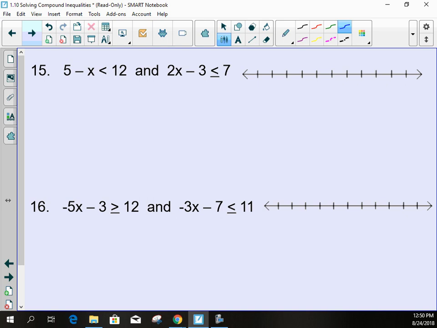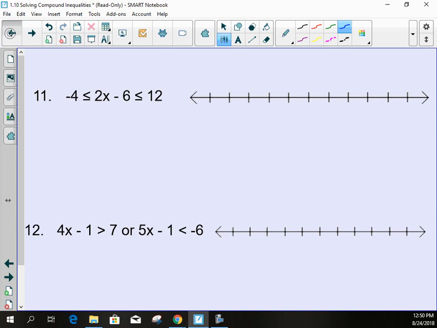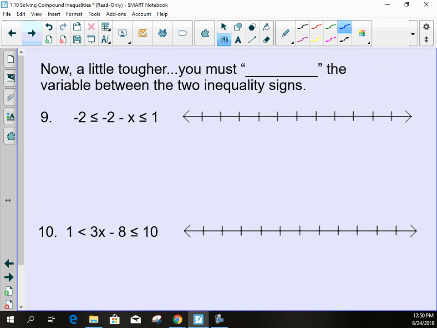They connect. Now, there's one last thing we have to go over. It's a little tougher. You must isolate the variable between the two inequalities. So here I have an inequality here, correct? And here. They're not equal signs, but they act like equal signs.